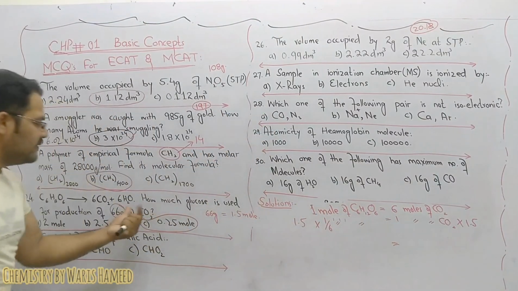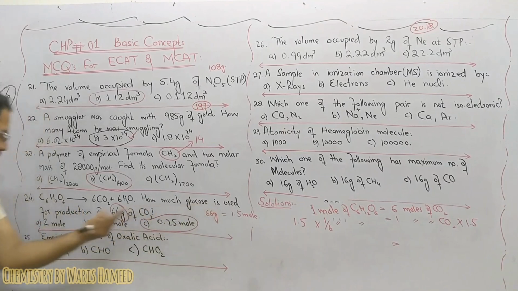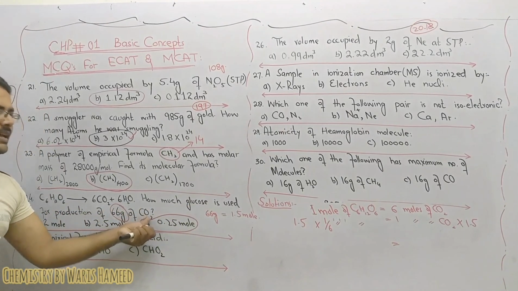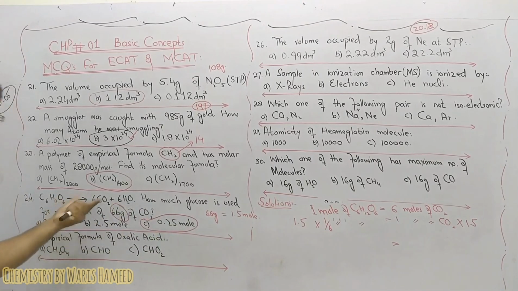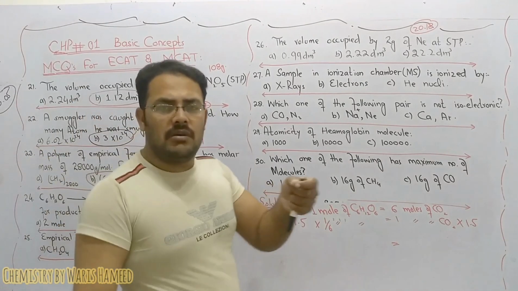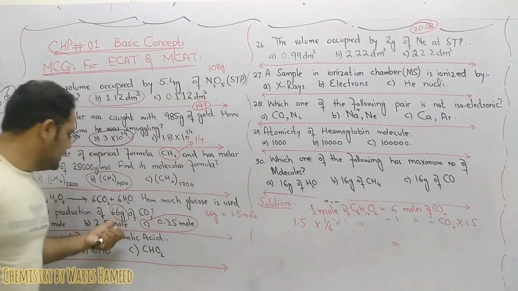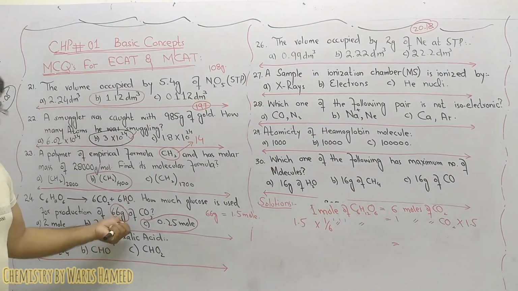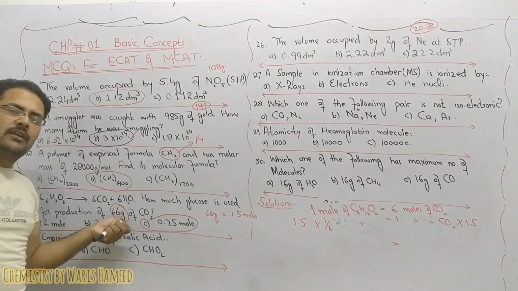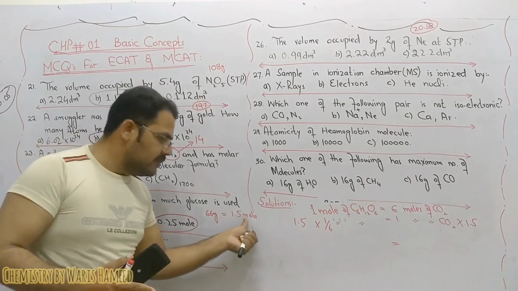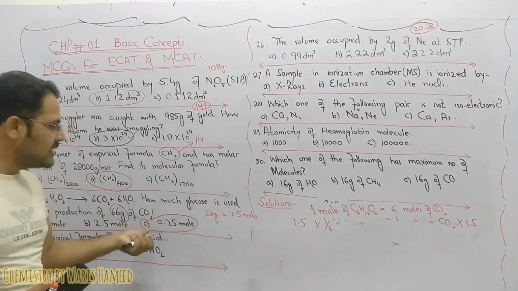Now, next part of the MCQ is how much glucose is used for production of 66 gram of carbon dioxide. In this case, we know just about number of moles of the given quantities, and here it is asking about given mass, that is 66 gram. First of all, you should convert the 66 gram into number of moles, and it is equal to 1.5 mole of carbon dioxide.